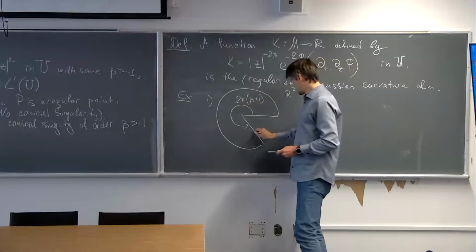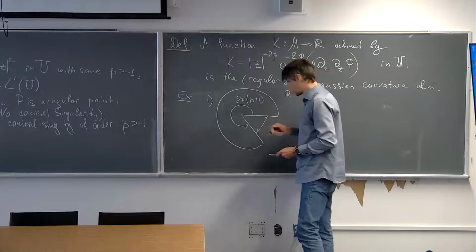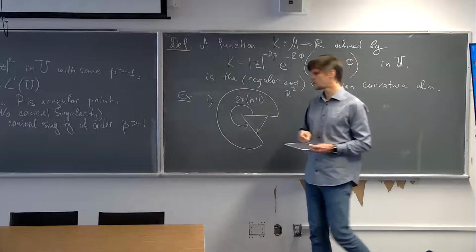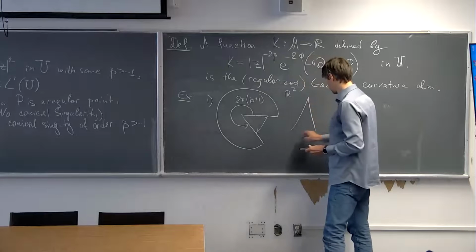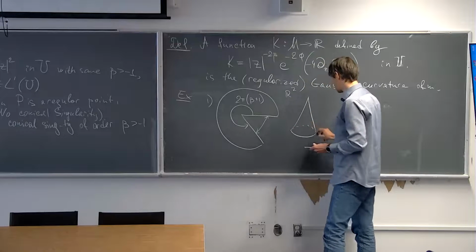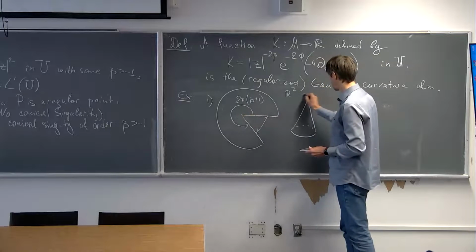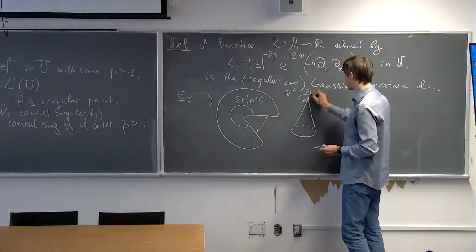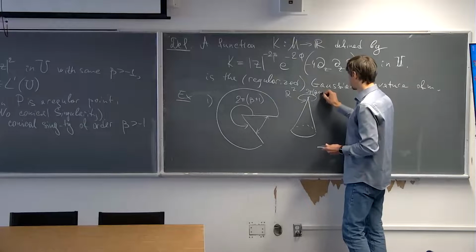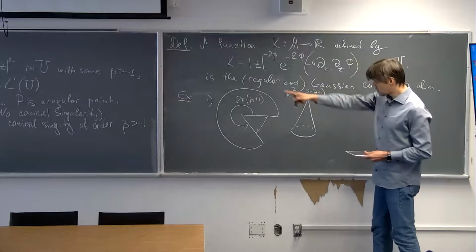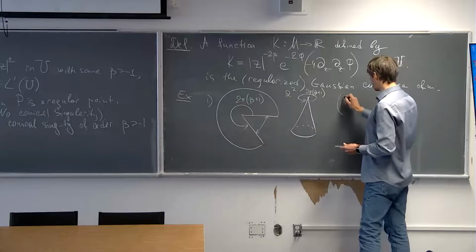And then you glue those two parts of the boundary, so you end up with a cone. It's a flat or Euclidean cone. So this is the tip of the cone. And the angle here is 2 pi beta plus 1. So this one, by using this language, it can be written like this.